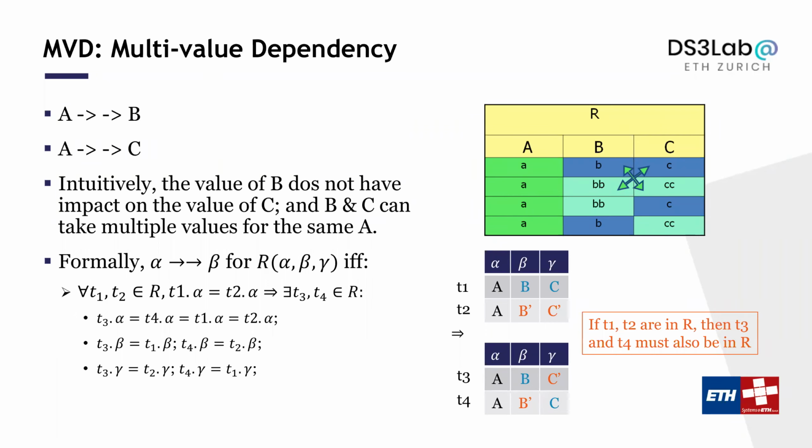For example, if you know this relation has alpha, beta, and gamma, you cannot automatically say there's a multi-value dependency, because if it only has one row, let's say only row T1, then you cannot find another row for which this is true as well. Do you understand what I mean? I understand what you mean.